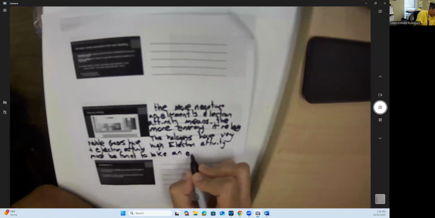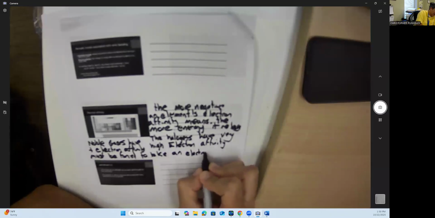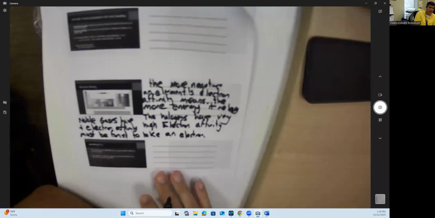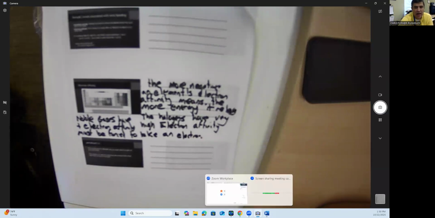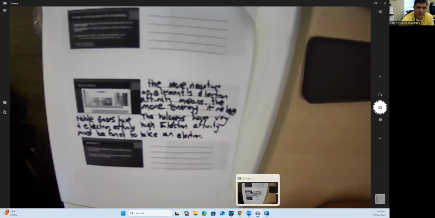And this is really key, because this is why atoms chemically bond: because of electron affinity, how much they want electrons. Atoms are typically trying to get that noble gas configuration.